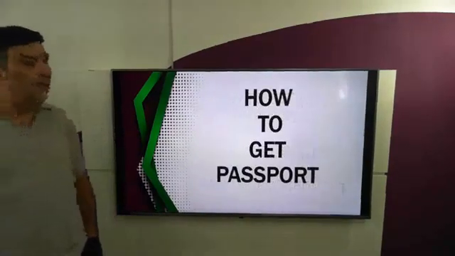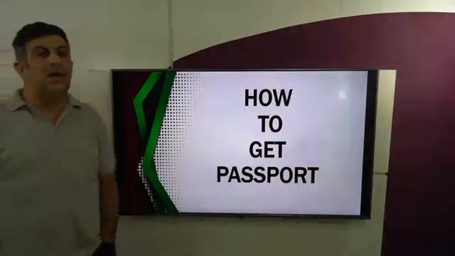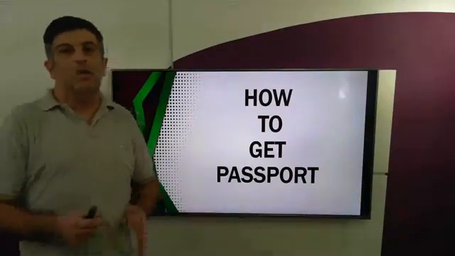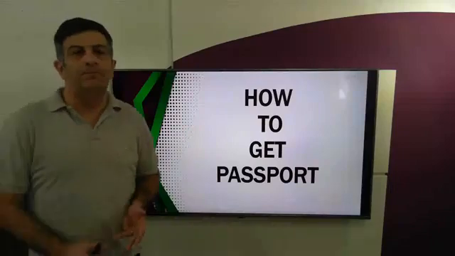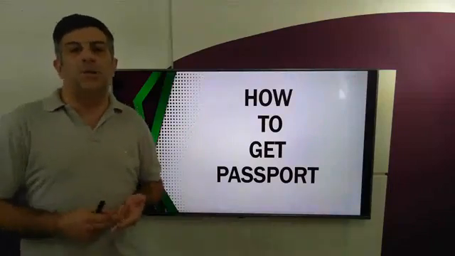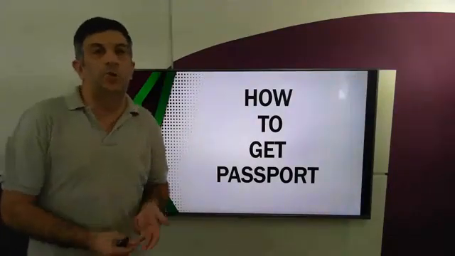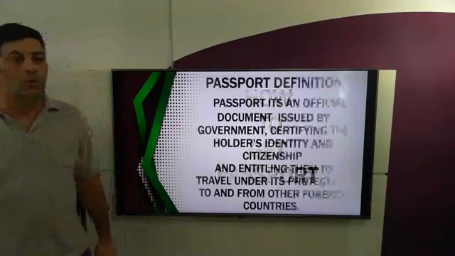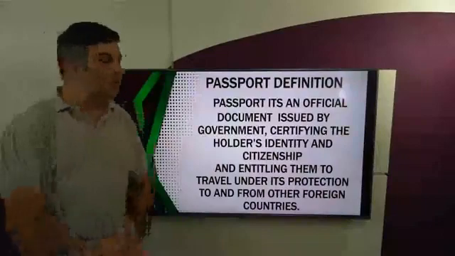Okay? Now, how to get a passport. In this topic, we talk about kinds of passport, things you can put or not put in your passport. Okay? So, passport definition.